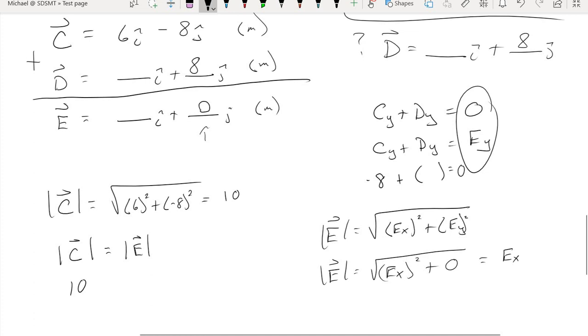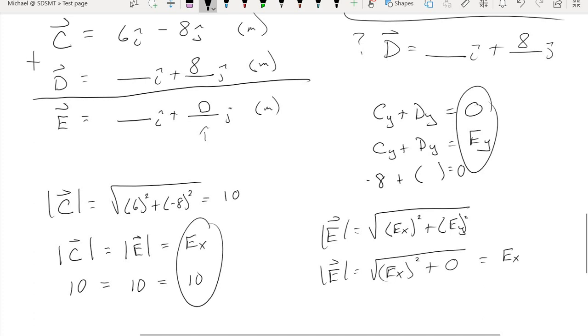Well, okay, if vector C has a magnitude of 10, that means that vector E has to have a magnitude of 10, but we now know that vector E is going to get its magnitude from its x component.